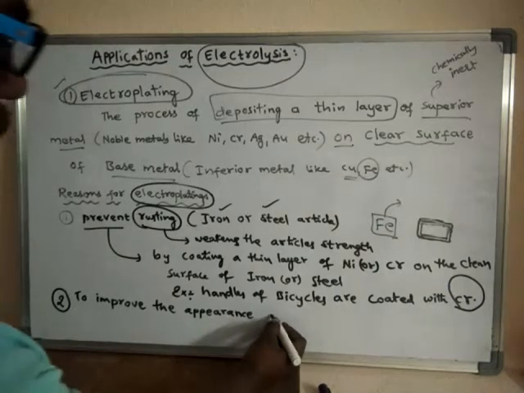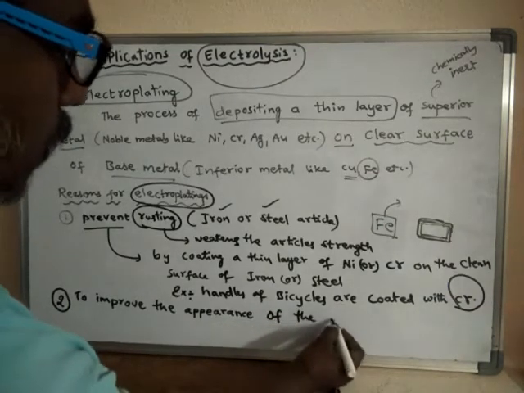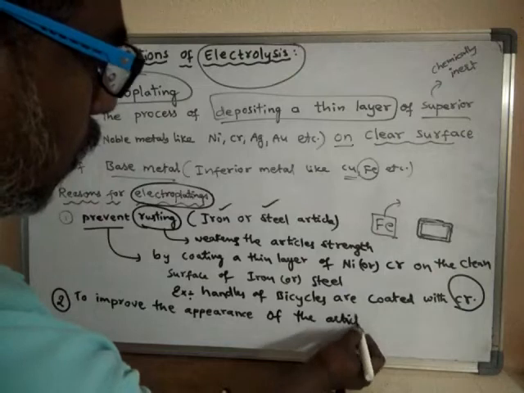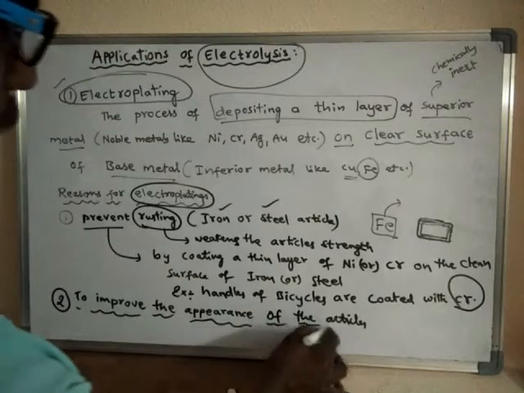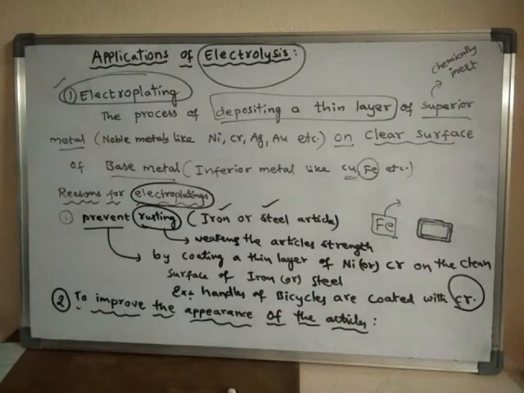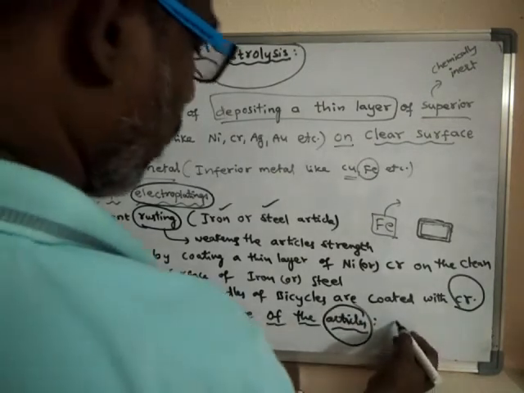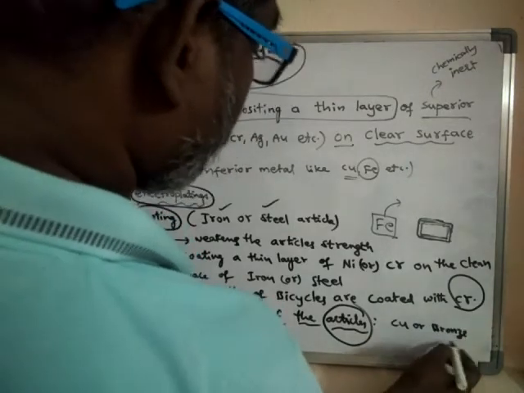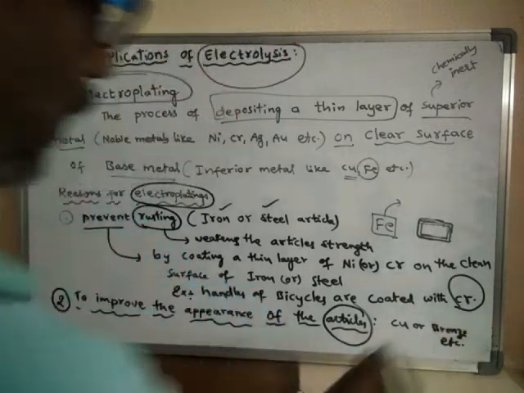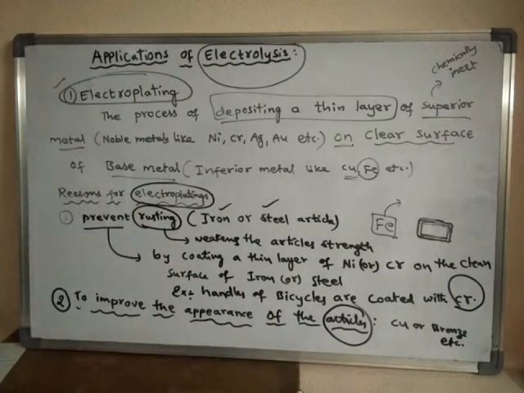For example, if we coat articles of copper or bronze, or some other metals, with iron or silver, what happens?